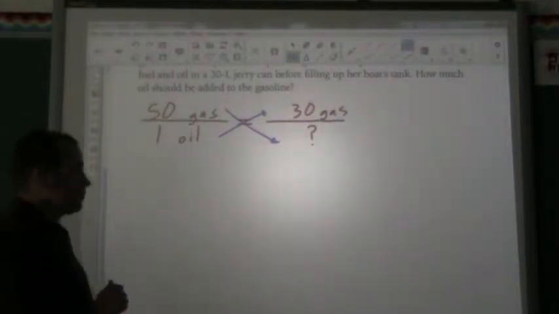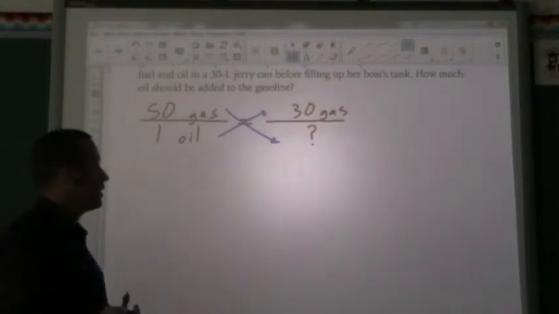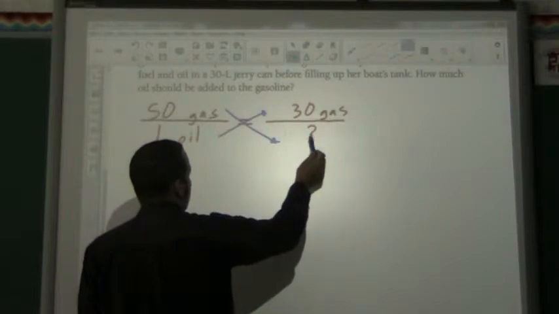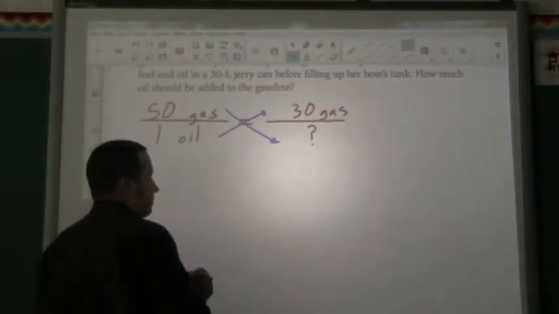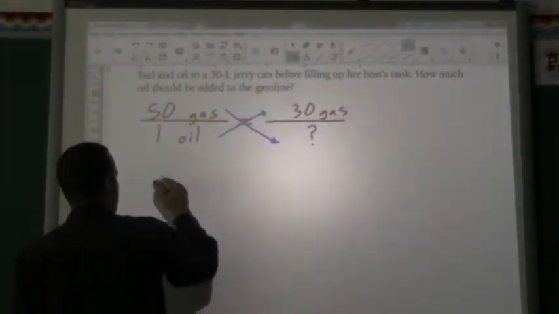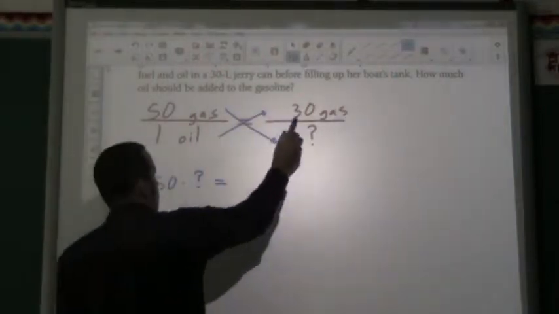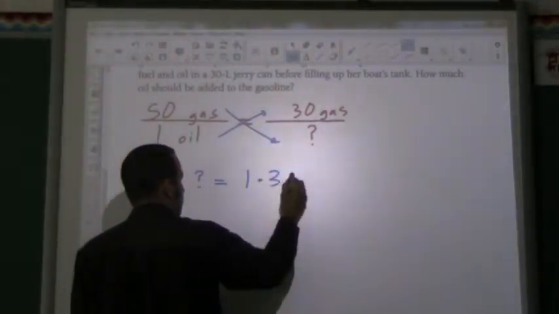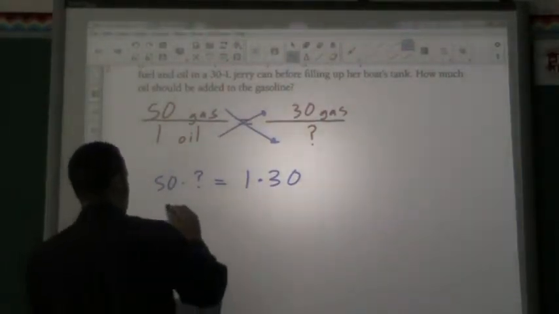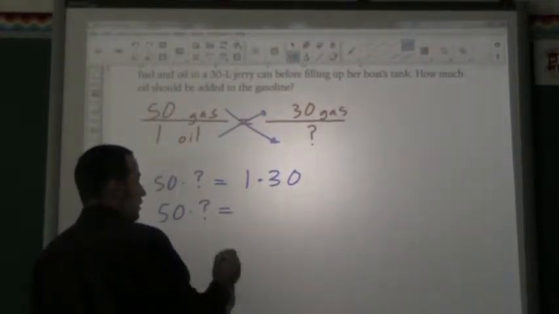When you're doing real life problems in chemistry, physics, or anything like that, it's a good idea to keep the units. But in this particular case, we can drop them since I know what I'm looking for is the liters of oil. So 50 times my unknown is equal to 1 times 30. Easy enough, but we'll write it out. So 50 times my question mark is equal to, well, 1 times 30, that's 30.